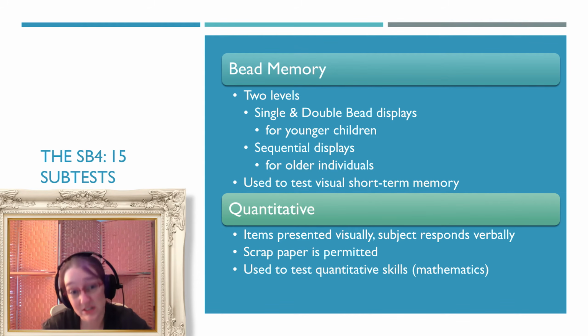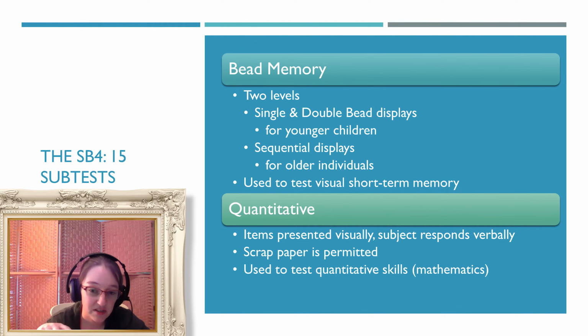So there are 15 subtests. They're pretty nested. I encourage you to check, as a lot of these are visualized on YouTube. There's bead memory, which has single and double bead displays for young kids, and sequential displays for older kids and adults, and it's used to test visual short-term memory.